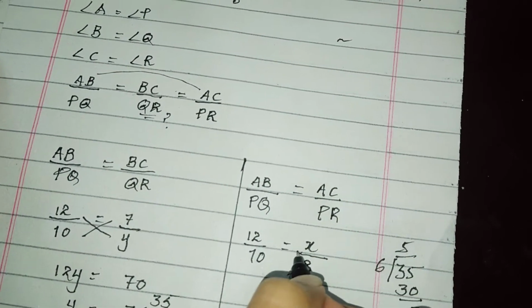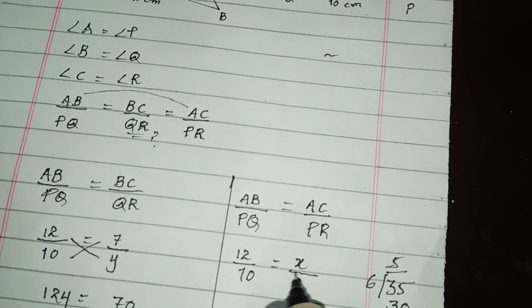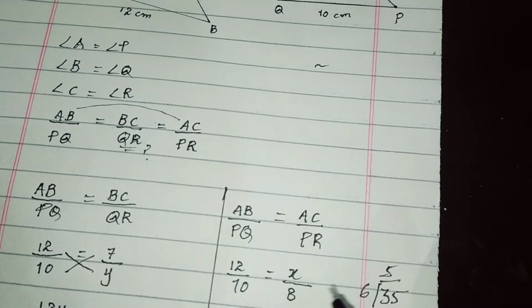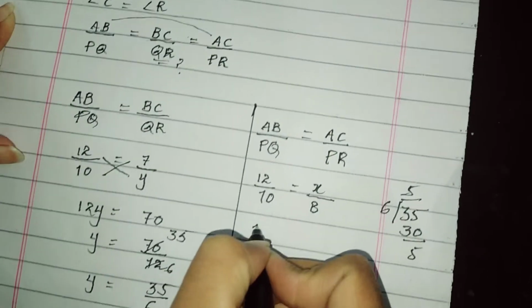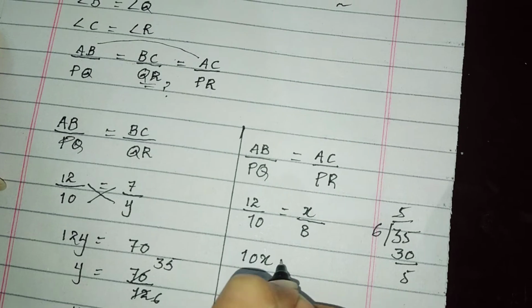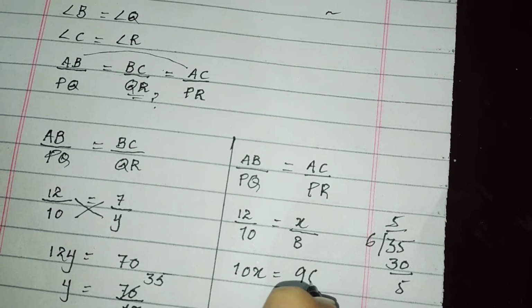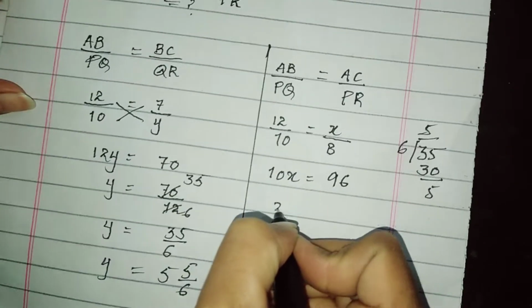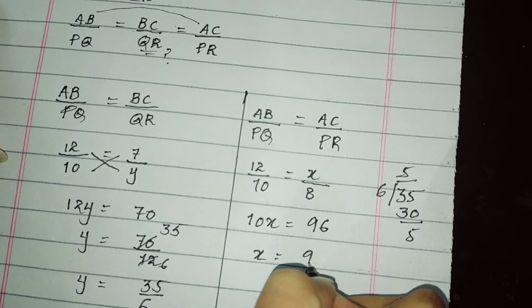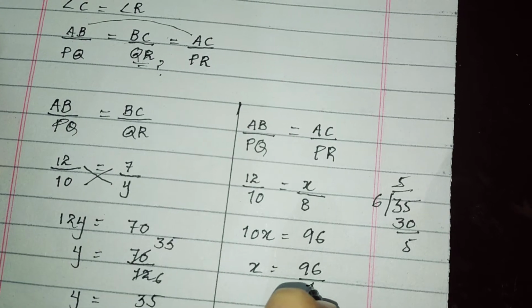On the same pattern, we will do cross multiplication, as we have a single fraction on both sides. So 10X is equal to 12 multiplied by 8, that will be 96, and X is equal to 96 over 10.